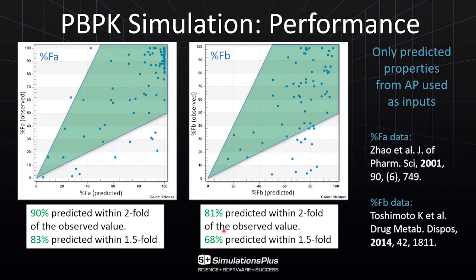The result percentages are shown here, and they're actually quite reasonable given the complexity of the underlying in vivo processes, particularly for FB, where we have to predict the first pass metabolism using just the chemical structure. In many cases, the performance can be improved by using whatever experimental properties you might have as the input parameters.